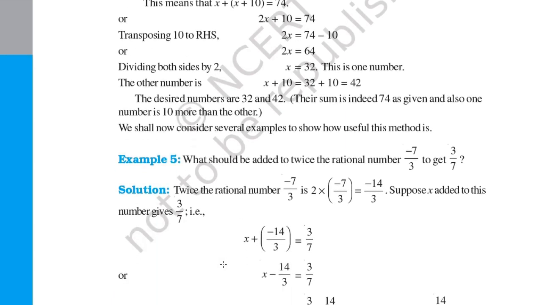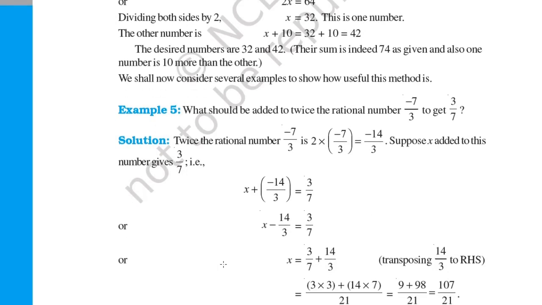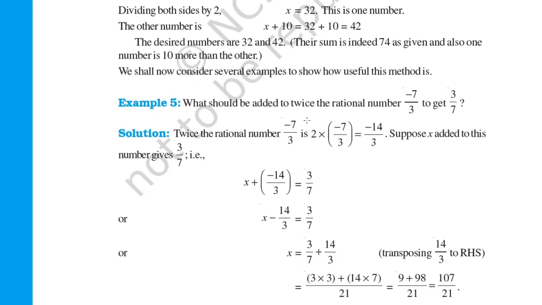So we are seeing the example as above. What should be added twice to the rational number minus 7 by 3 to get 3 by 7? Twice the rational number minus 7 by 3 is 2 into minus 7 by 3, that gives minus 14 by 3. Suppose x is added to this number to give 3 by 7, that is x plus minus 14 by 3 is equal to 3 by 7. So you get x minus 14 by 3 is equal to 3 by 7.